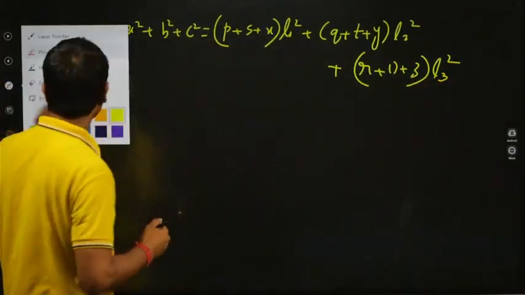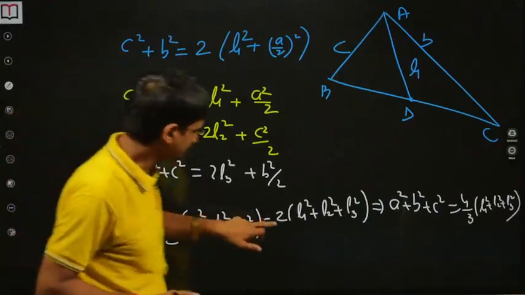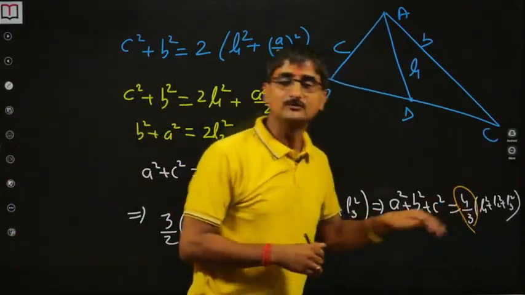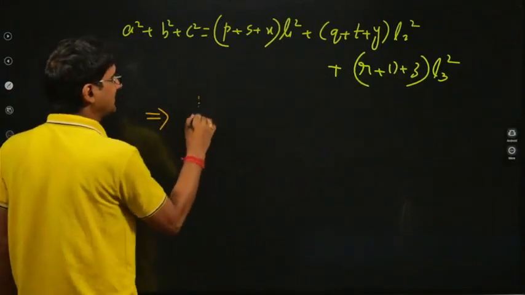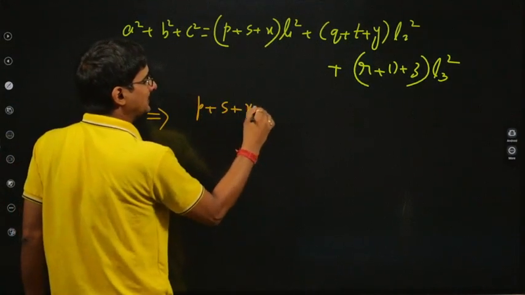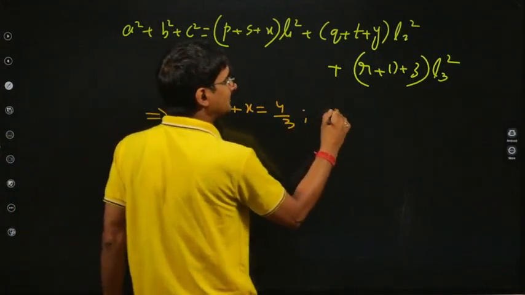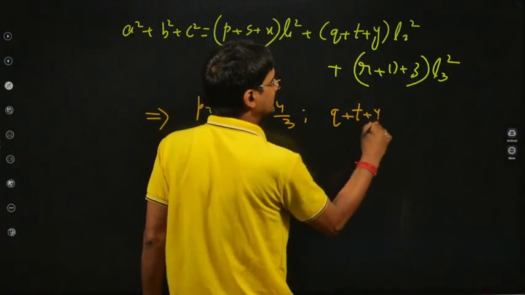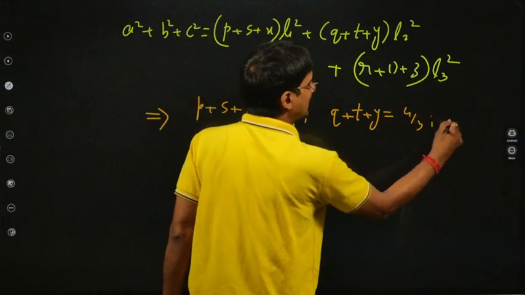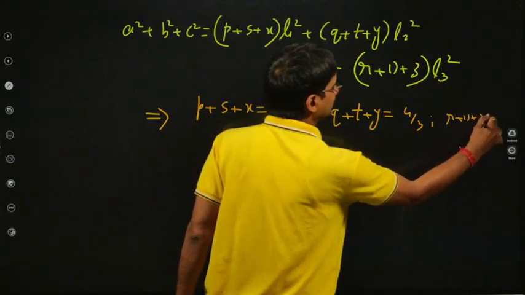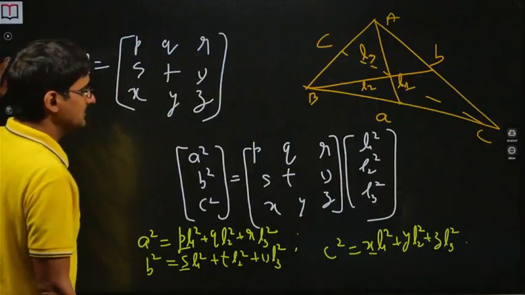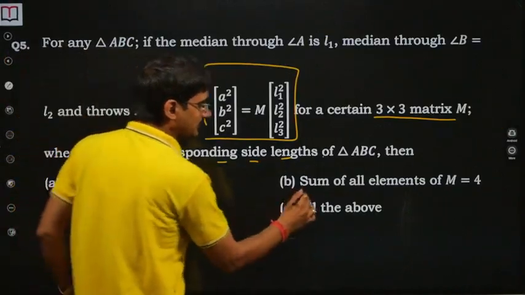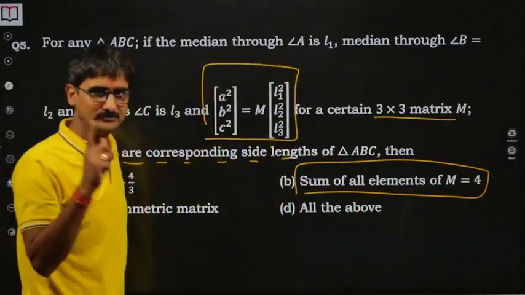If I compare it with this form here, what can I say directly? We can say P plus S plus X is 4 by 3, Q plus P plus Y is also 4 by 3, R plus U plus Z is also 4 by 3. If you add all the elements, the sum of all the elements of the matrix is 4. This one is done.